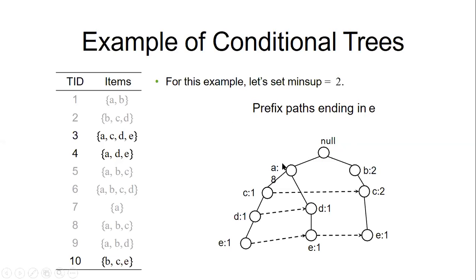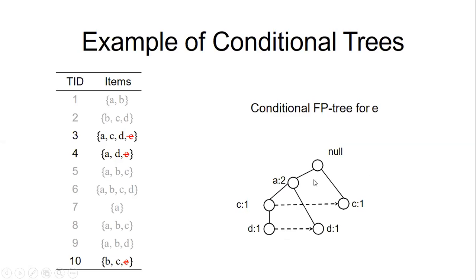Here we had A equal to 8, C equal to 1, D equal to 1, E equal to 1. A is equal to 8 we had here. When I come to this slide, when I take only the conditional FP tree for E, I am getting A equal to 2. Why? Because if I keep A equal to 8, it is for the entire transaction.